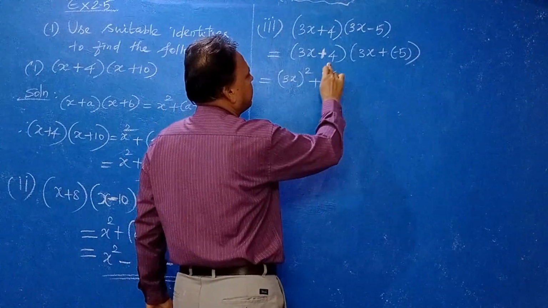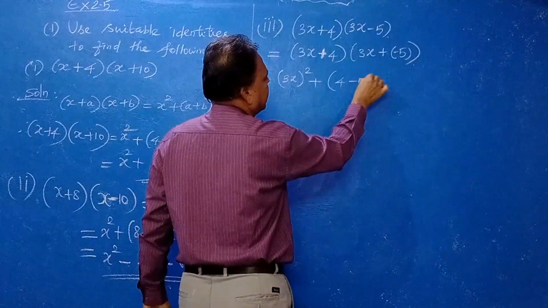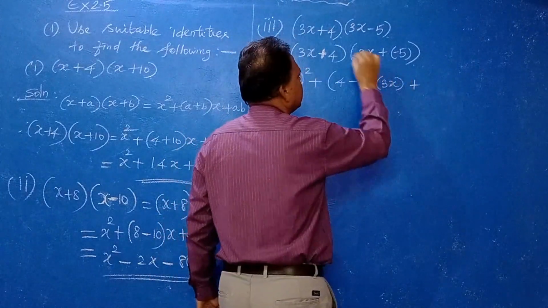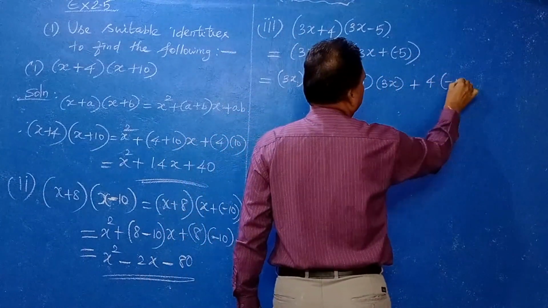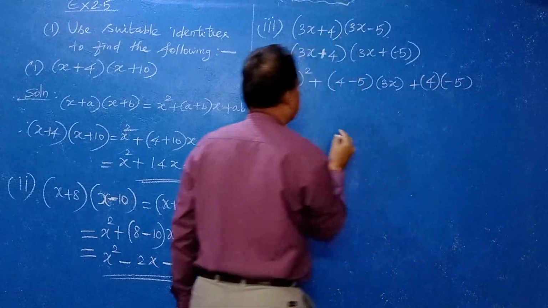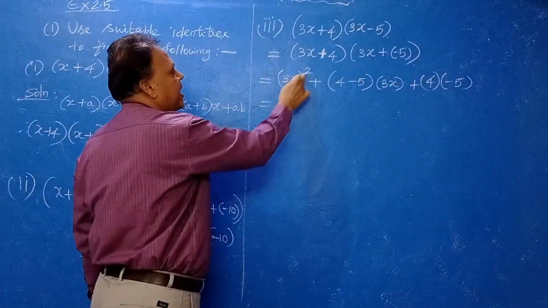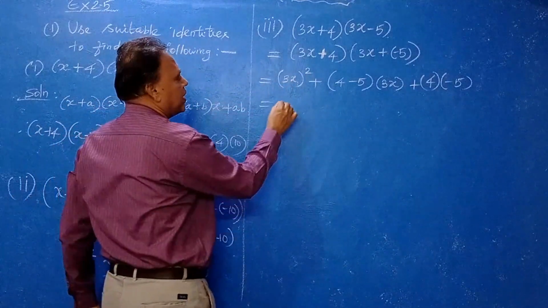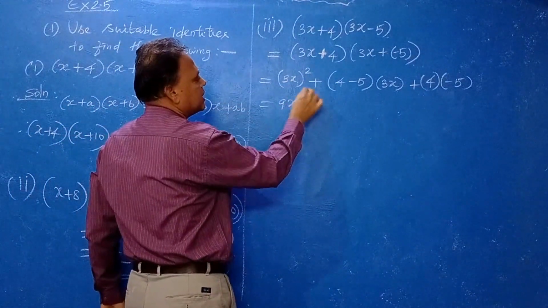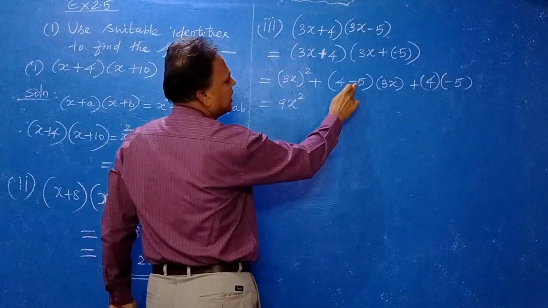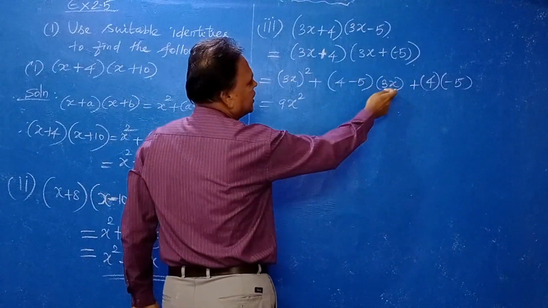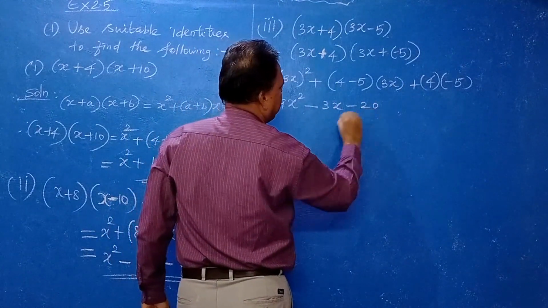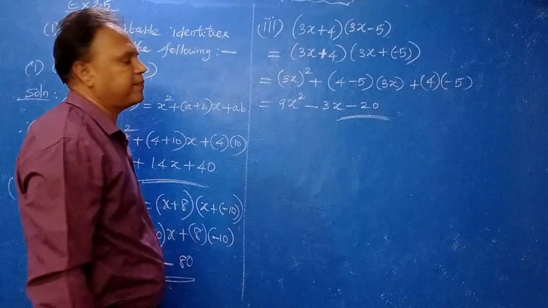Plus a plus b, that is 4 minus 5, into x, plus a into b, that is 4 into minus 5. Now simplify: you have to take the square for both, 3 squared is 9, x squared. Here minus 1 into 3x, minus 3x, then plus into minus, minus 20.